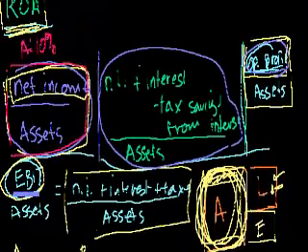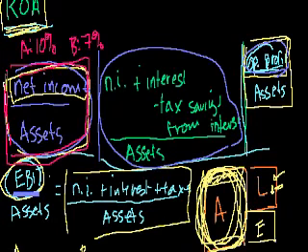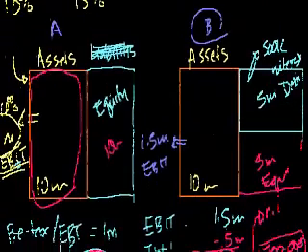So he is going to be making an ROA of what? 700,000 divided by 10 million is 7%. So now if you just look superficially at these numbers as defined by this ratio right here, you'll say, oh, this guy, Company A, has a better return on assets. He's better at managing his assets. And you know that that's completely false.